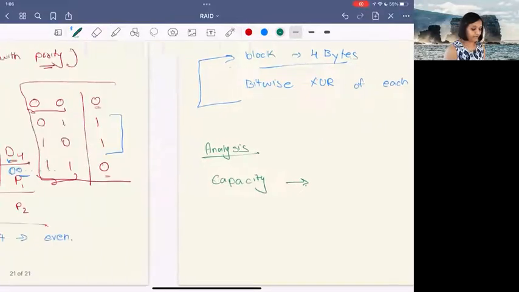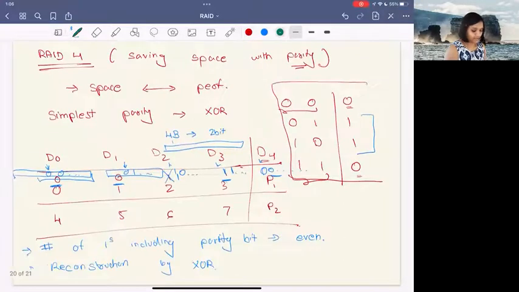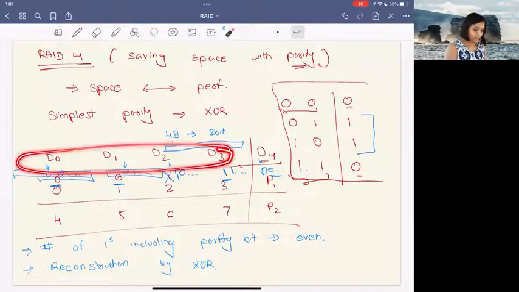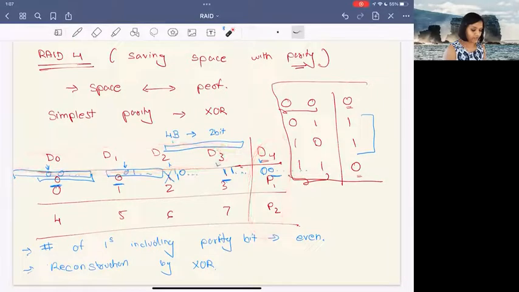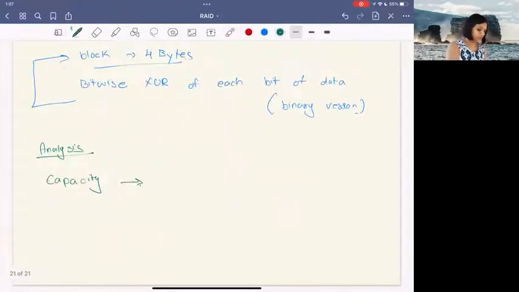If we have n disks, here we had 5 disks, we are using 4 out of 5 in an efficient way, right? But this disk 4 is just storing parity. It's not storing user data. That's why for capacity, we have n minus 1 multiplied by b, because 1 disk is for parity.